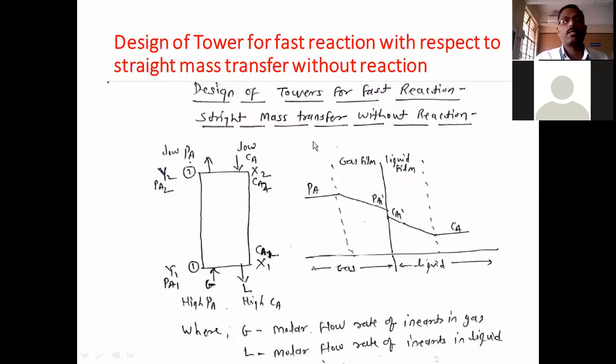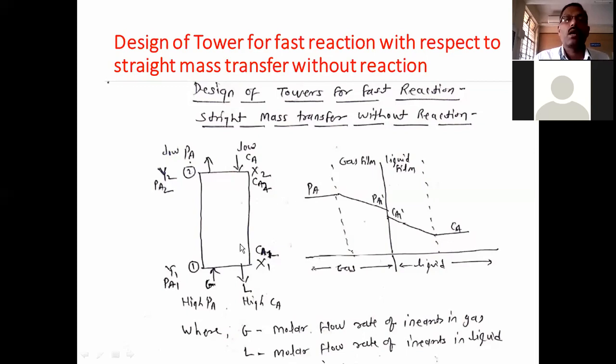Now we see the design of the tower. This is the design of the tower for a fast reaction with respect to straight mass transfer without reaction. See this tower: gas is passed from the bottom of the tower and liquid is passed from the top of the tower.